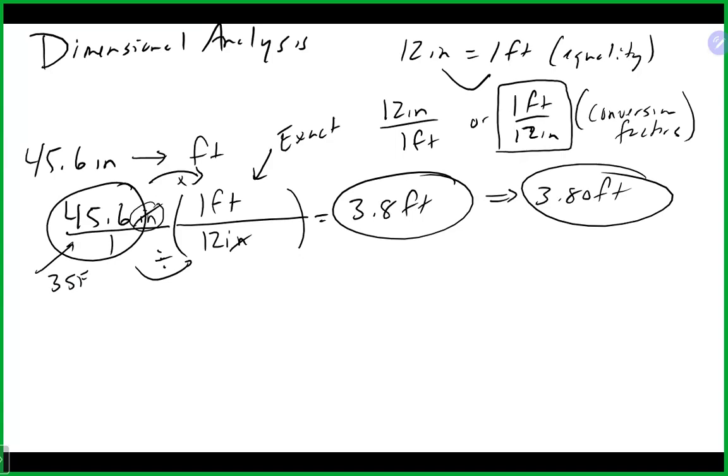Now, like I said, in most cases, if you come across a conversion factor, it's probably going to be an exact number. Remember that the only time that we have to worry about conversion factors is if we cross over from the metric system to the English system.